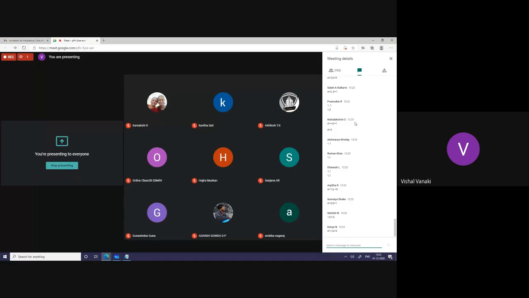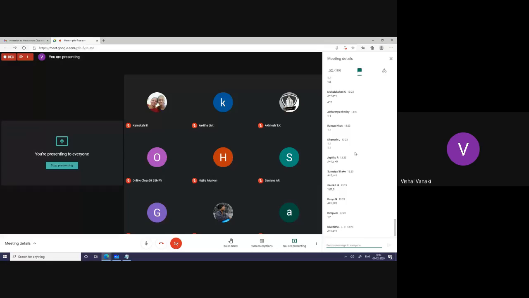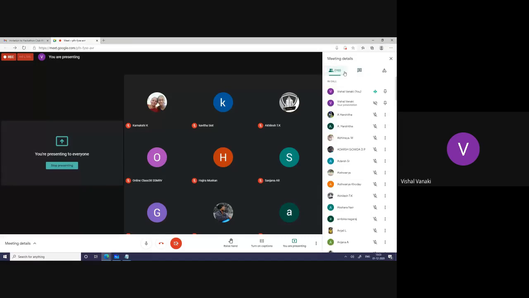Arpita, can you clarify how many times the printf gets executed? Arpita R: A is equal to 2, B is equal to 1. Sahas M, can you justify? Okay, nice. Very good. I'm getting so many options here.